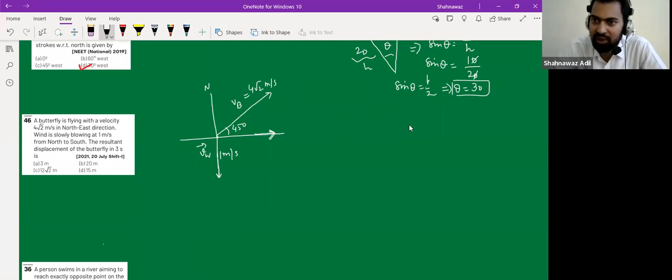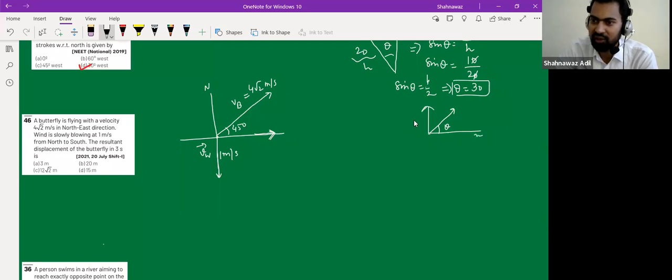Does anyone remember vectors? So this is theta. Okay.